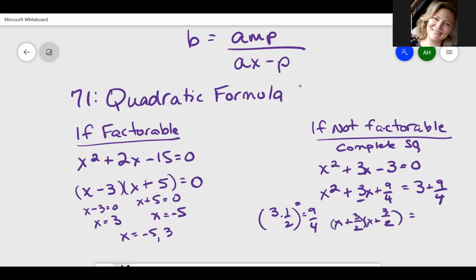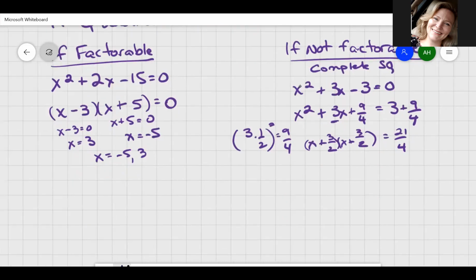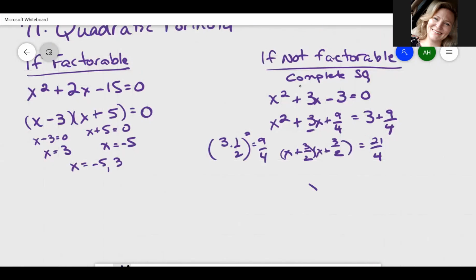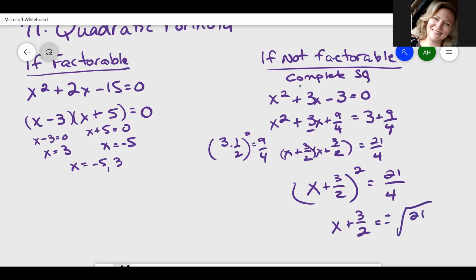Over here, I would get a common denominator and add this up and get 21/4. I can rewrite this now as x plus 3/2 squared equals 21/4. Remember, I'm going to take the square root of both sides. So x plus 3/2 equals plus or minus the square root of 21/4.